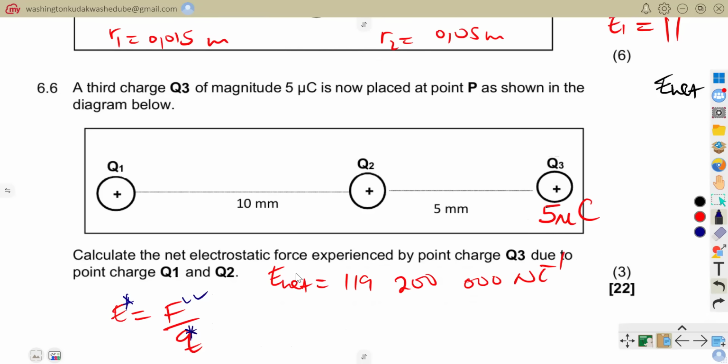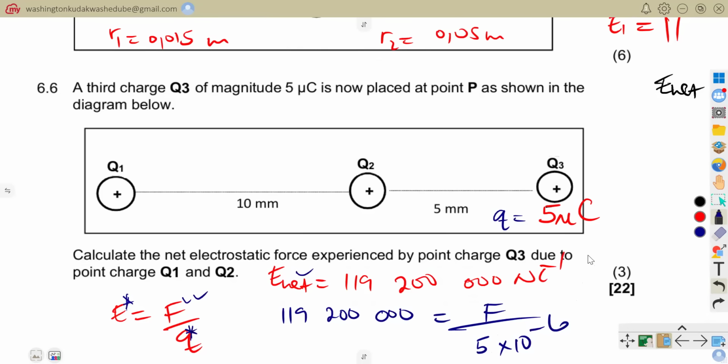So this is my E net, and this is my Q. So I would come here and say 119,200,000 is equal to the net electrostatic force all over 5 times 10 to the power negative 6. Microcoulomb means what? Micro, it's 10 to the power negative 6.